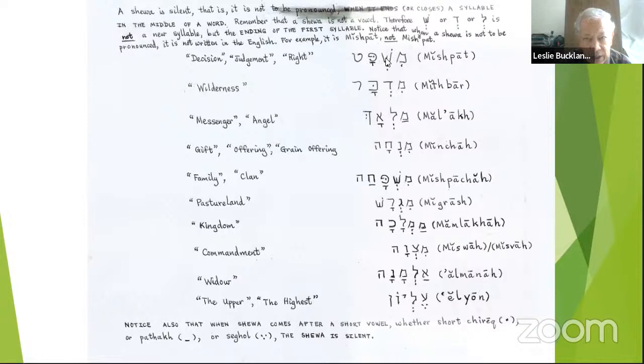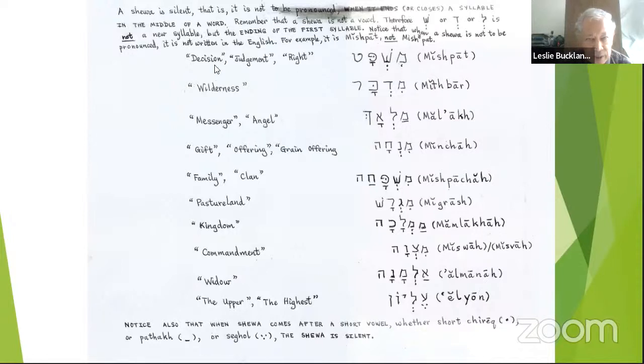And notice at the end of the first syllable, which is a closed syllable, there is a simple shiwa, but it is not pronounced, because the rule is a shiwa is silent when it ends or closes a syllable in the middle of a word. Okay, here's the middle of the word. A shiwa is silent when it ends or closes a syllable in the middle of a word. So here are examples.